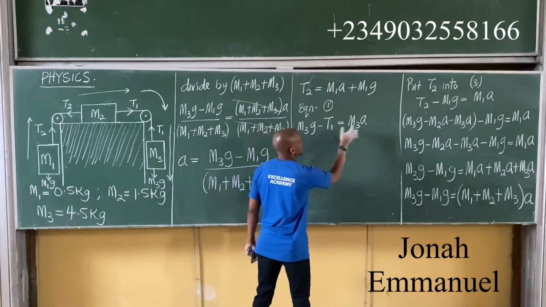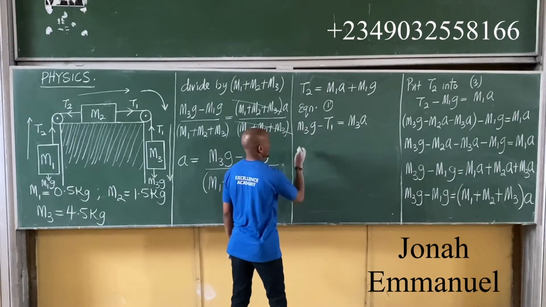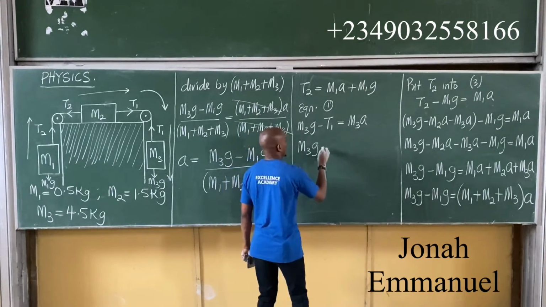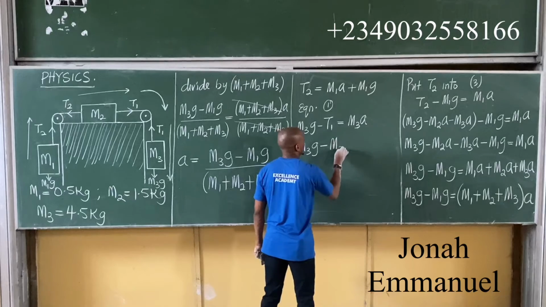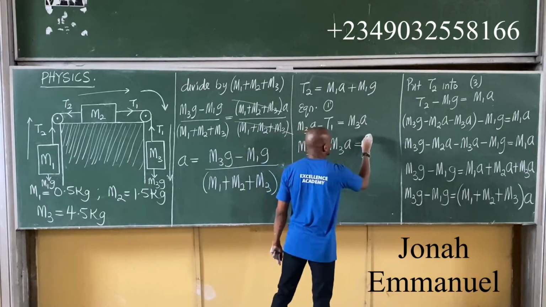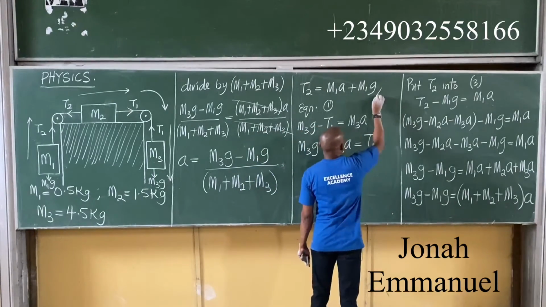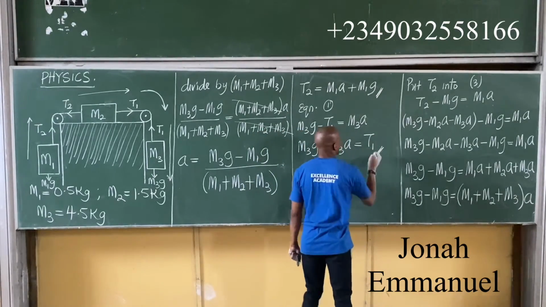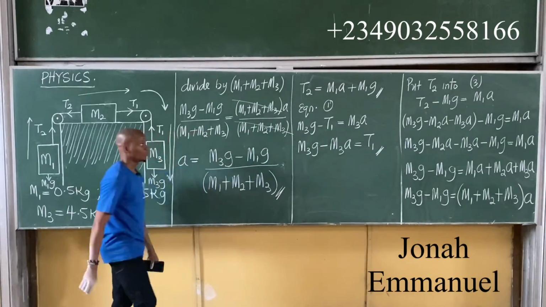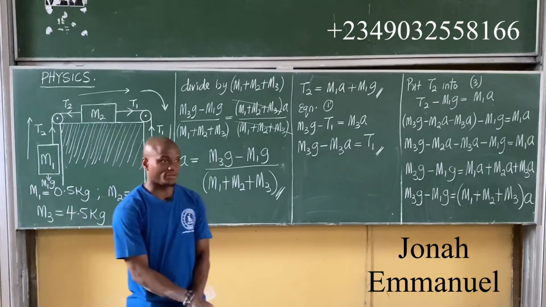Simply move T1 here, it becomes positive. Move this here, it becomes negative. So I'm having M3G minus M3A is equal to T1. Alright, so this is the expression for T2. Here is T1. And this is the expression for acceleration. We've got all three.